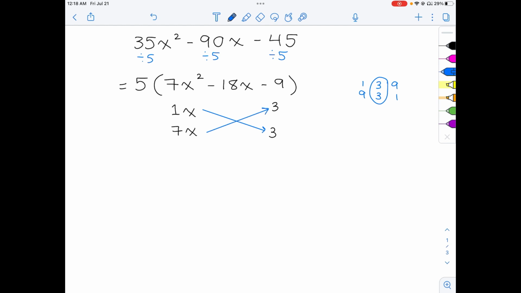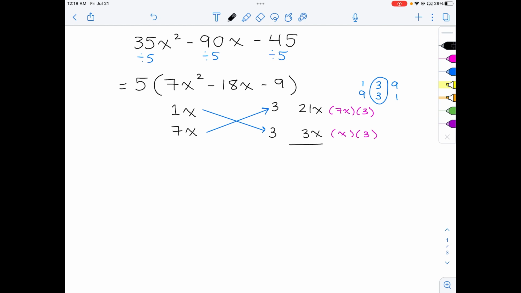And I'm going to multiply following that crisscross. On top, I'm going to do 7x times 3. That gives me 21x. And then following the other arrow, I'm going to do 1x times 3, which gives me 3x.